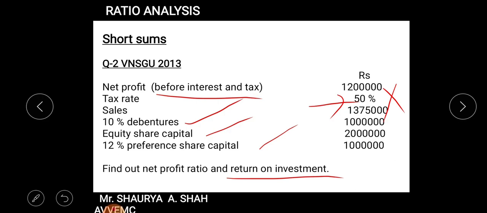Capital employed you need to find out. Just one hint for you, capital employed includes each and everything. It includes your owner's fund, your borrowed capital, your long-term borrowings. So here we are having equity share capital, preference share capital, and debentures. So 20 lakh plus 10 lakh plus 10 lakh is your 40 lakh. So PBIT is 12 lakh divided by 40 lakh, the answer you will be getting, right?